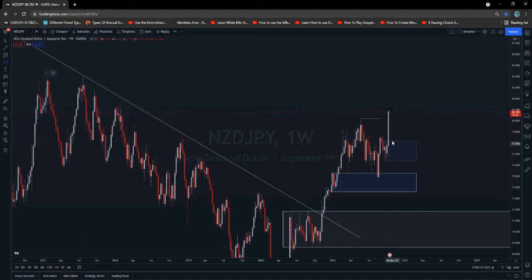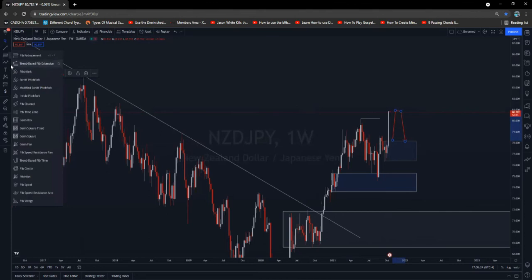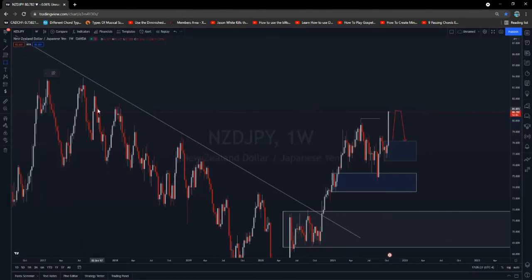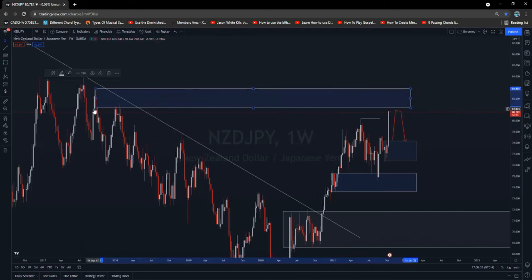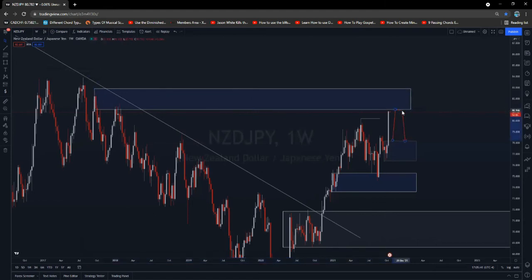So yeah, what I was saying is I was expecting a movement to the upside, the market to find some opposing supply like it is right now. There's opposing supply over here. It's low probability because of the higher time frame supply. The market might go up a bit higher, reach this area of supply, and yeah, after we hit that area of supply, we'll take our first profit here.